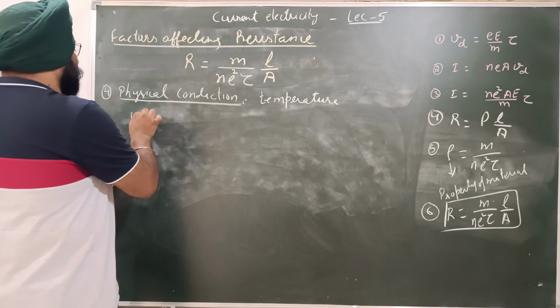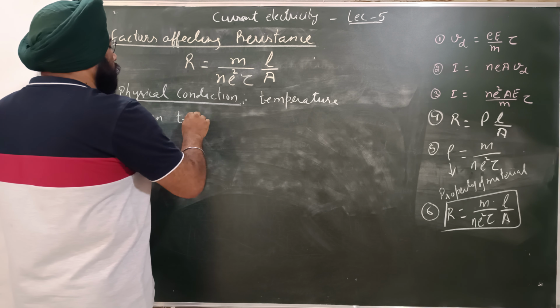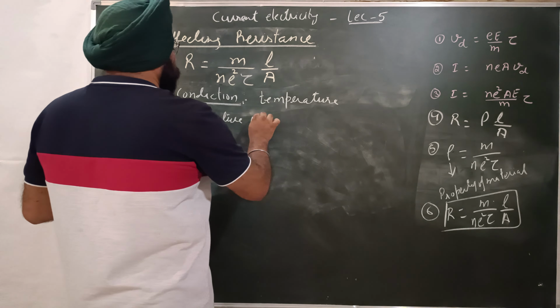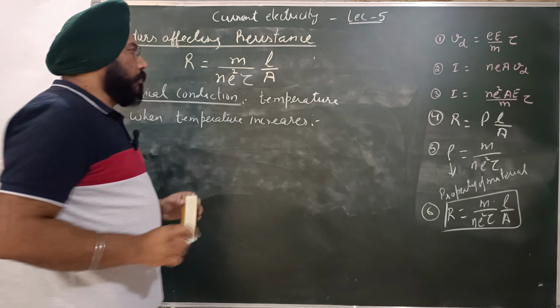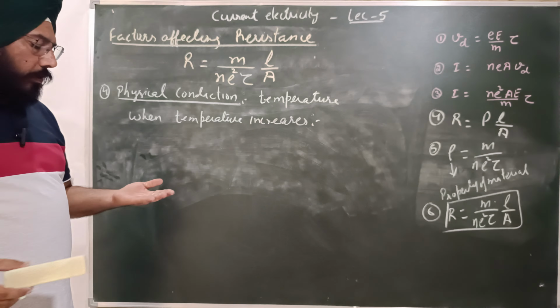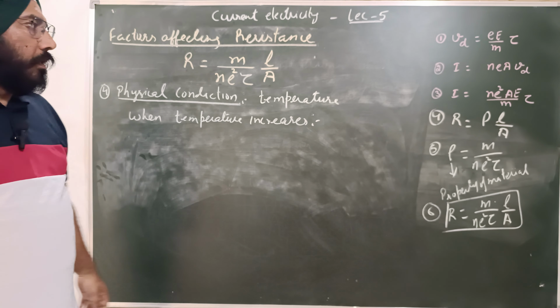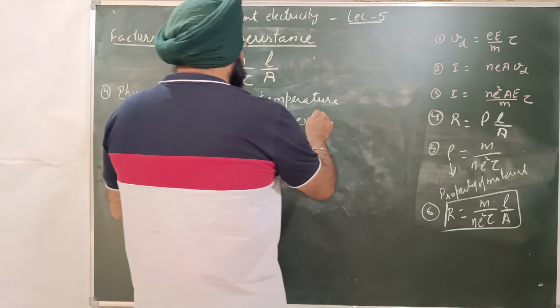When temperature increases, the speed of flow of electrons will increase. So velocity increases, and with the increase in velocity, the number of collisions also increases.